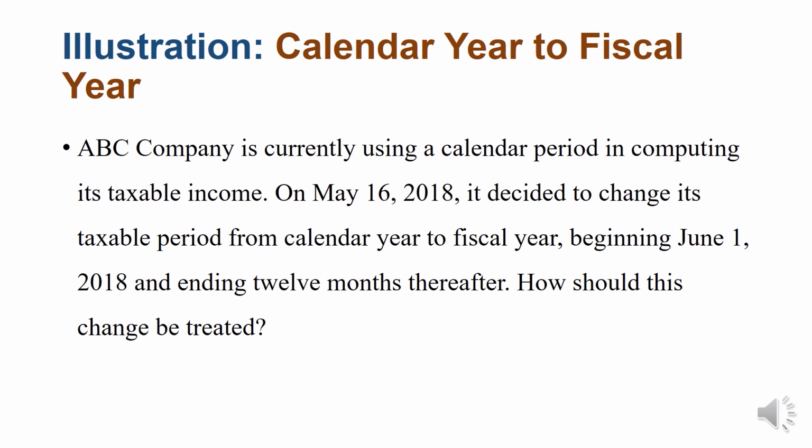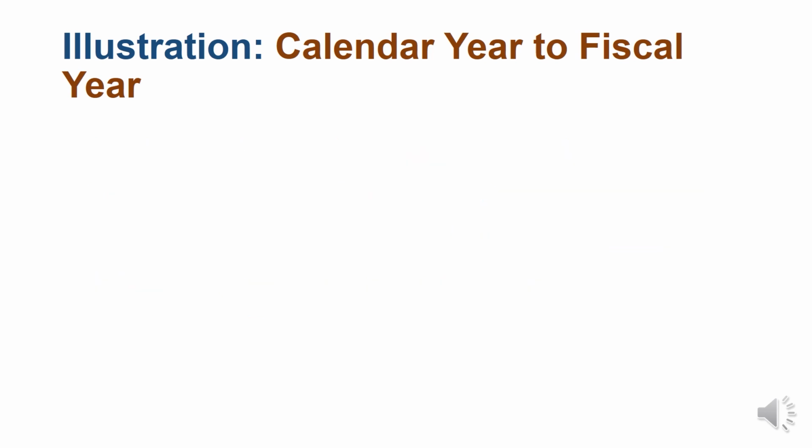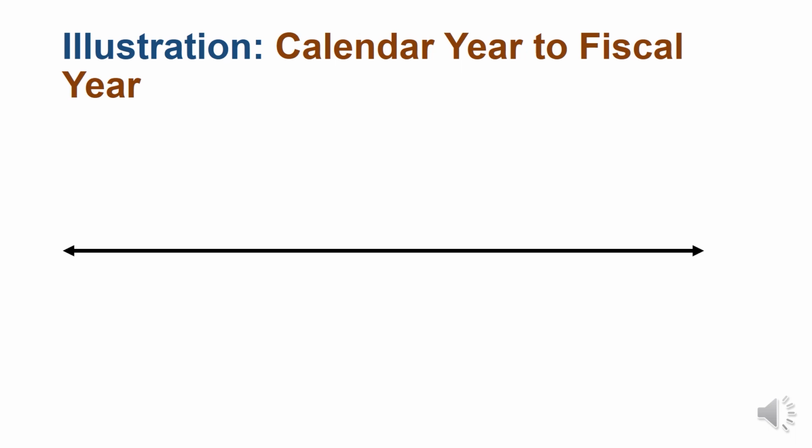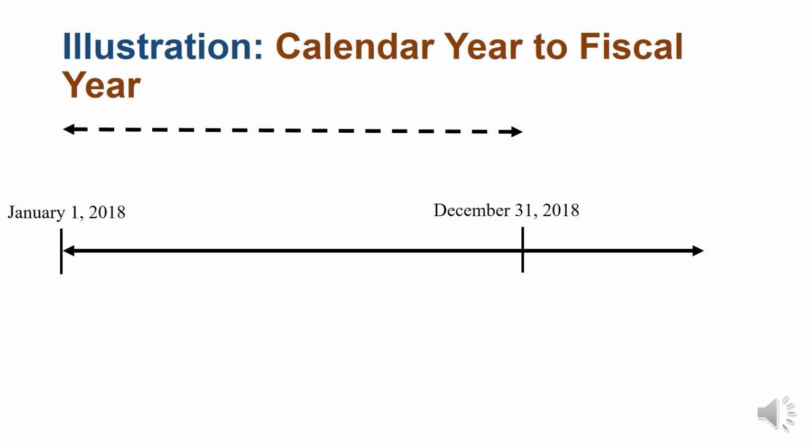So how do we account for this change? So assume this timeline. This is January 1, 2018, the current year's beginning date, and then this is December 31, 2018, the should-be end date of the calendar year.